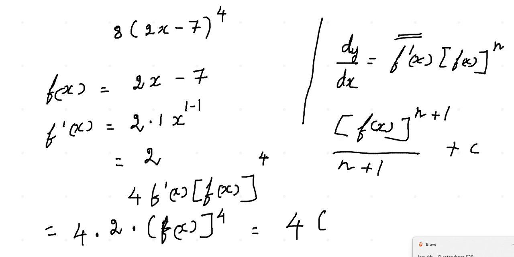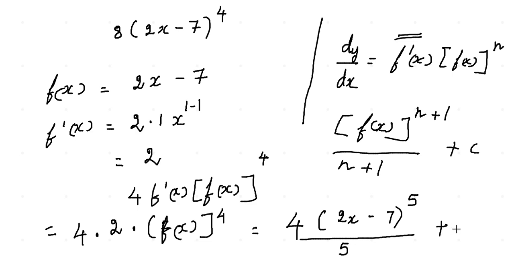So that is equal to (2x minus 7) to the power of 4 plus 1, to the power of 5, divided by 4 plus 1, which is 5, plus c. Okay, and that is obviously the answer.